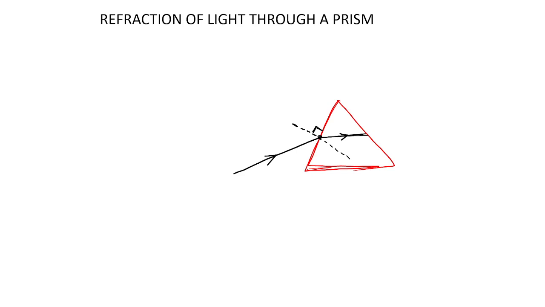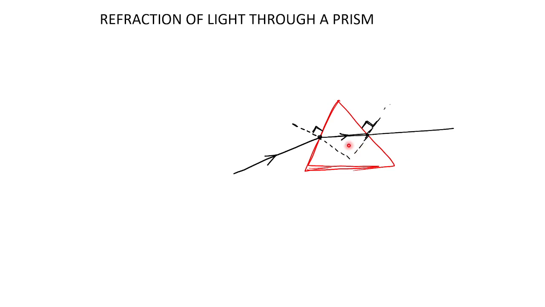Let me explain this. Let me complete it. Here, let me draw one more normal, one more perpendicular, 90 degrees. We expect that the light again will be going straight. No. We studied already that glass to air is higher refractive index to lower refractive index.